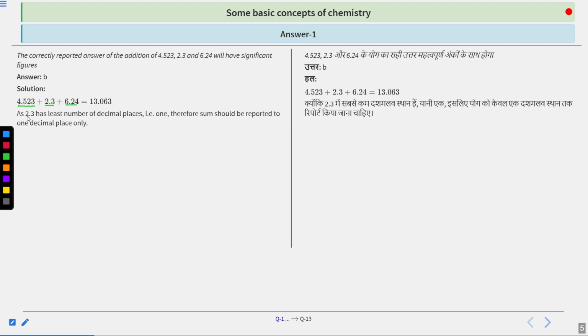So for 2.3 the digits after the decimal are minimum. For the answer also, we will take digits equal to that number. So we will take one digit only after the decimal, which gives us 13.0. Therefore, the sum should be reported to one decimal place only, and hence your answer is B.